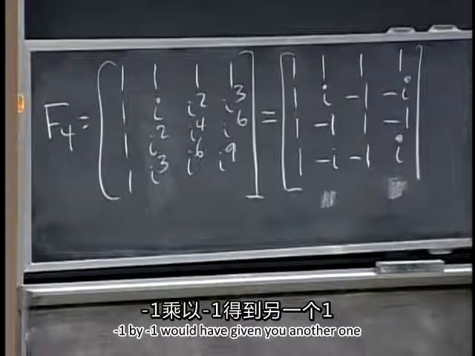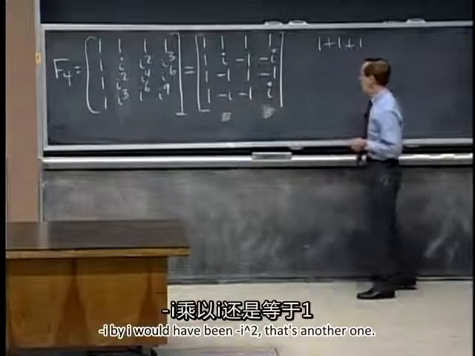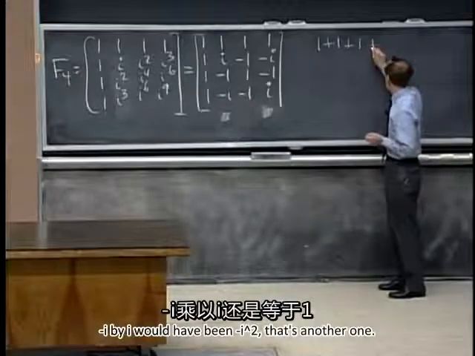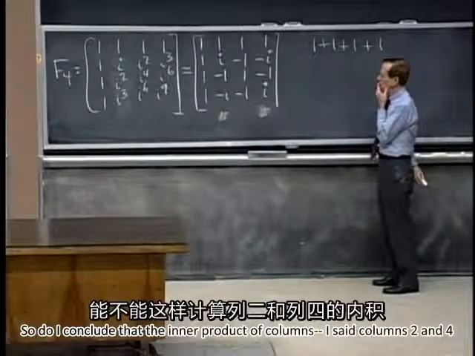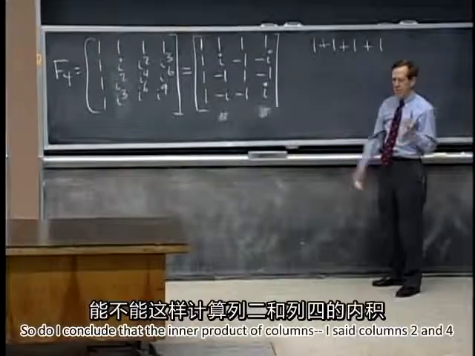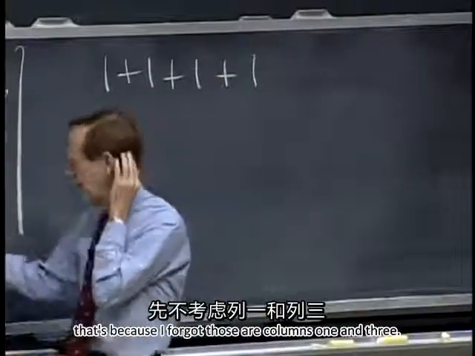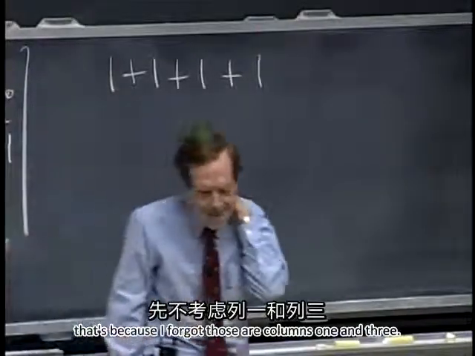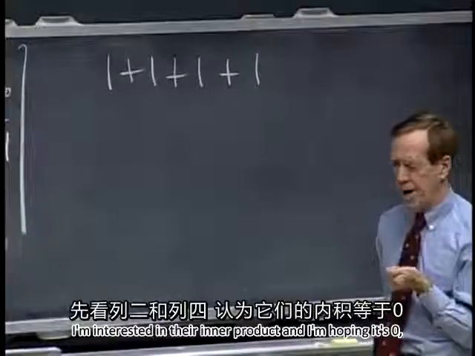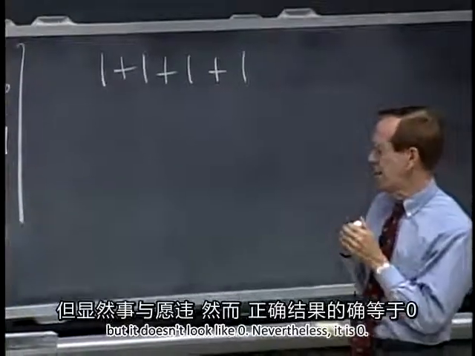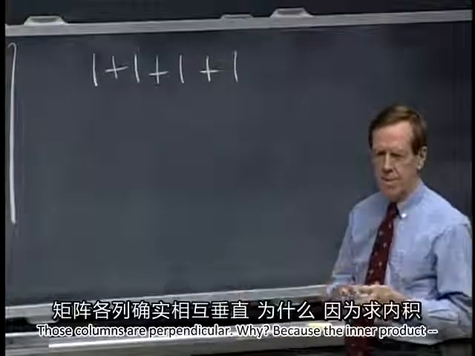Minus 1 by minus 1 would have given you another 1. Minus i by i would have been minus i squared, that's another 1. So do I conclude that the inner product of columns, I said columns 2 and 4, that's because I forgot those are columns 1 and 3, I'm interested in their inner product, and I'm hoping it's 0, but it doesn't look like 0. Nevertheless, it is 0. Those columns are perpendicular.